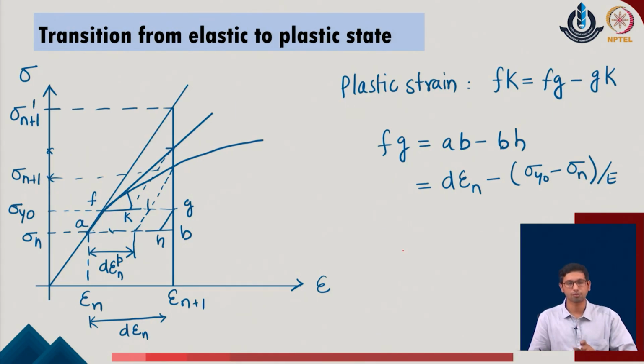Now, this given parameter which we have just described becomes a little different when the system is initially loaded from a point which is below the initial yield point of the given system, because this part of the system will elastically deform. So, it will not generate any amount of plastic strain in the given system, whereas the system which will deform beyond this point, beyond the point F, will deform plastically.